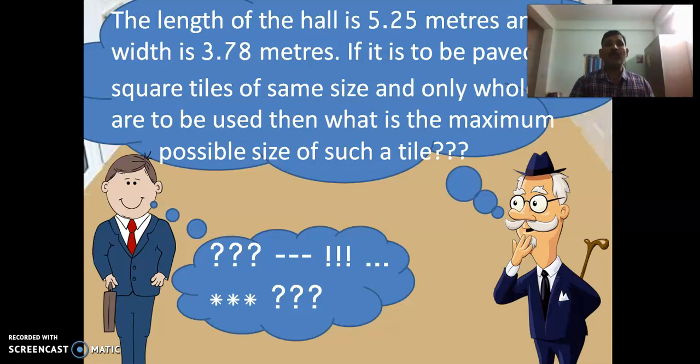It is to be paved with square tiles of the same size, and moreover only whole tiles are to be used. Then what is the maximum possible size of such a tile? The son was astonished, what to do. Now how can we solve such a problem? Let us see.